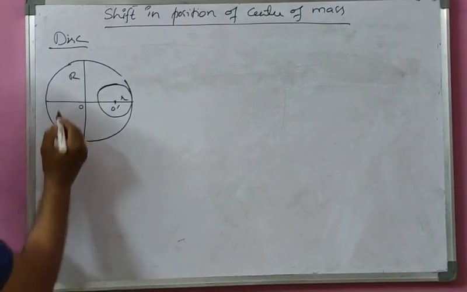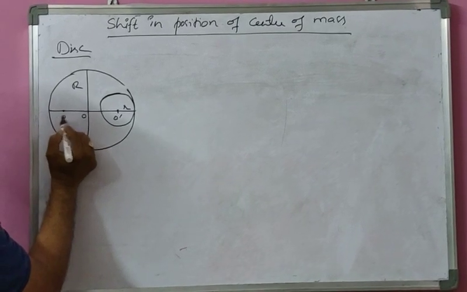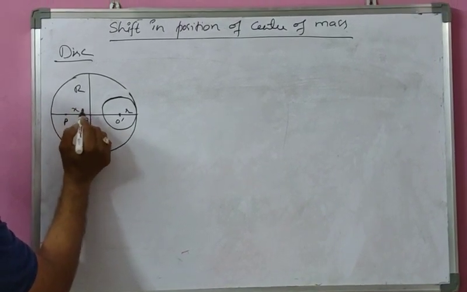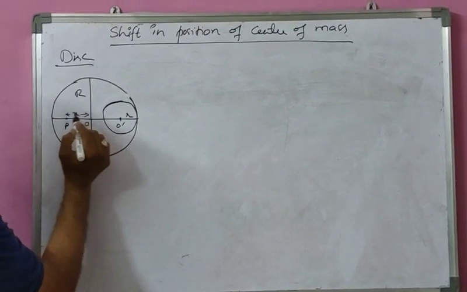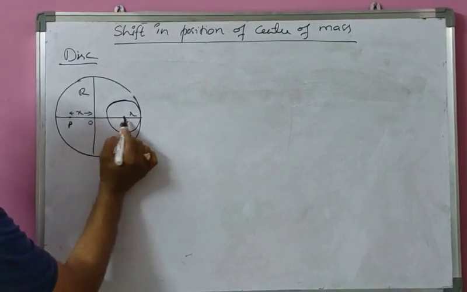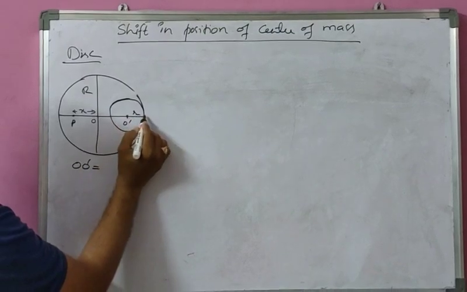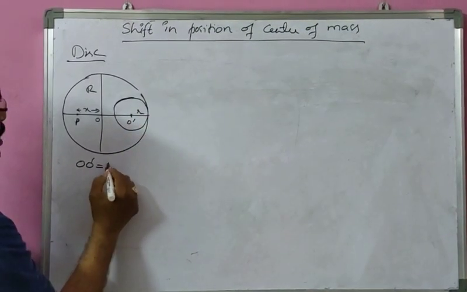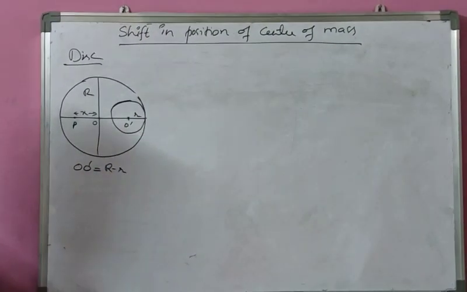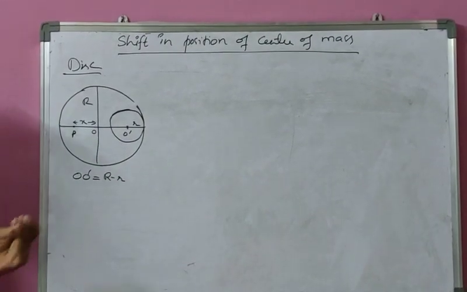This is the new center of mass P, which is a distance x from O. And what about the distance O dash? This total length is R and this is r, so it will be R minus r. Okay, so this is the situation.